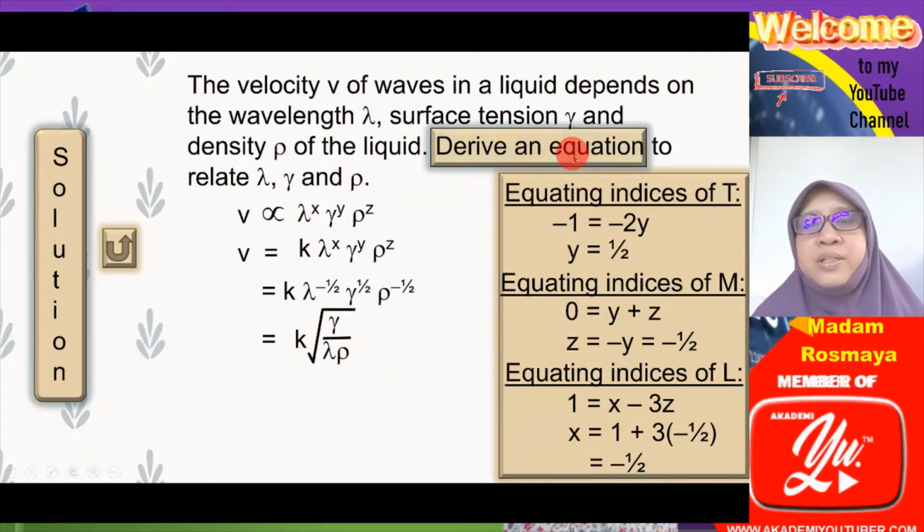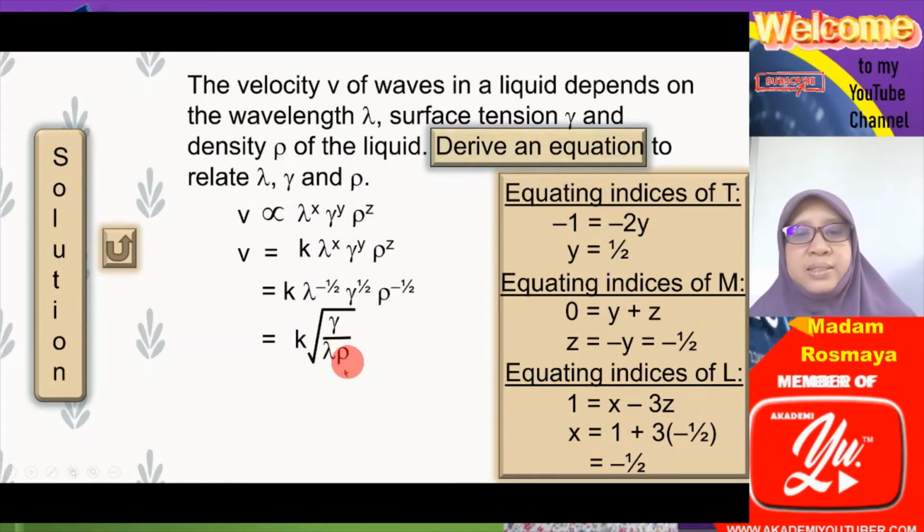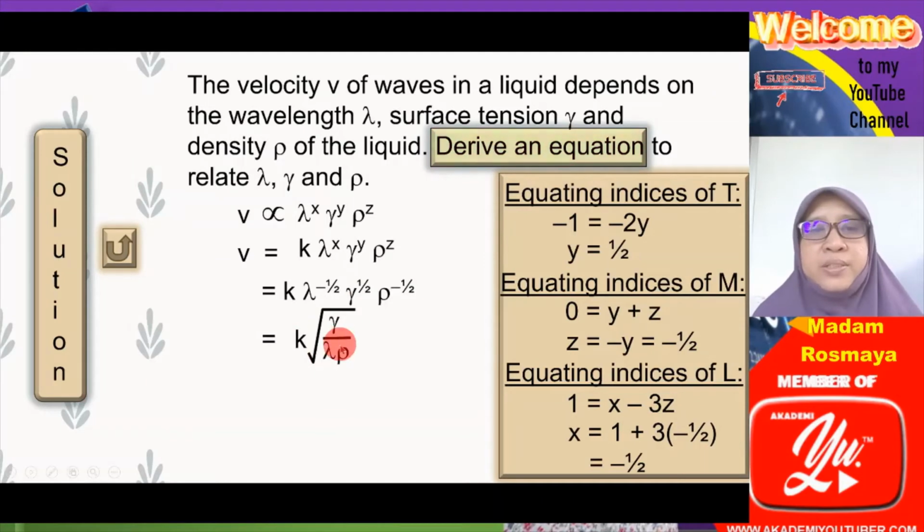We have derived the equation that relates V to gamma, the surface tension, lambda, the wavelength, and rho, the density. Okay, this is the equation. So we know how V and wavelength relate with each other.